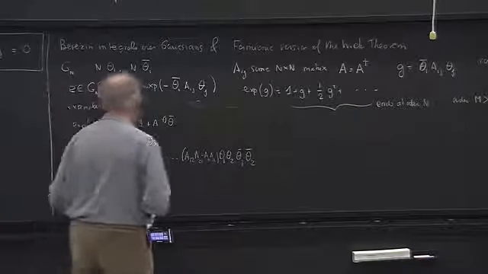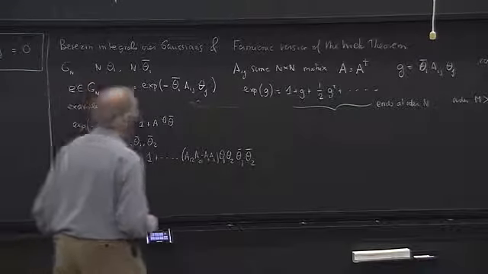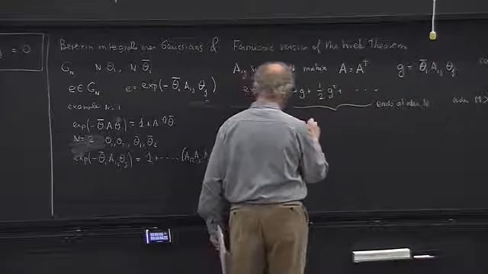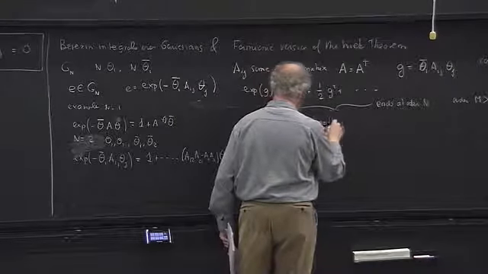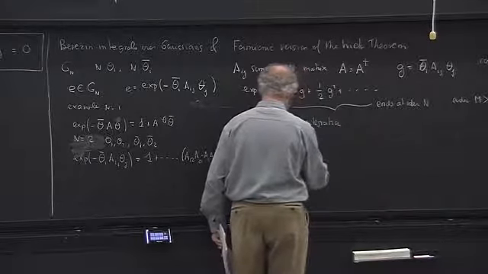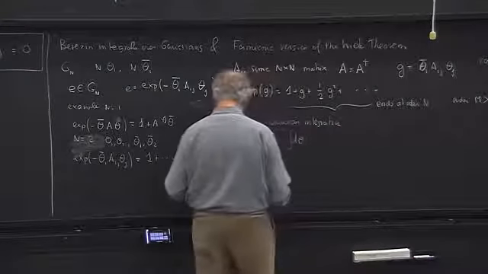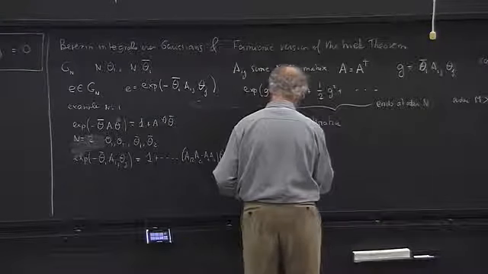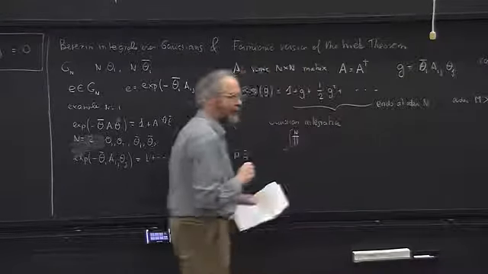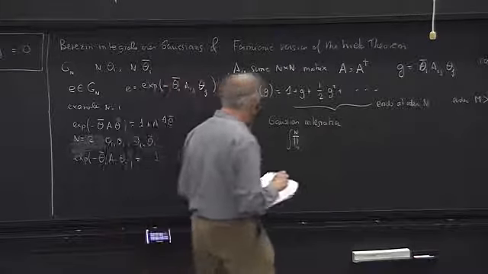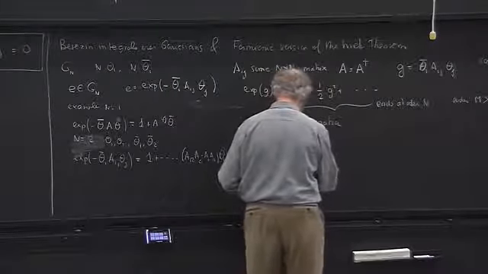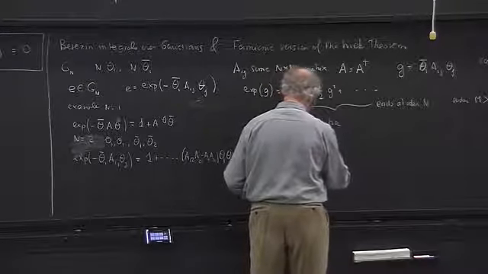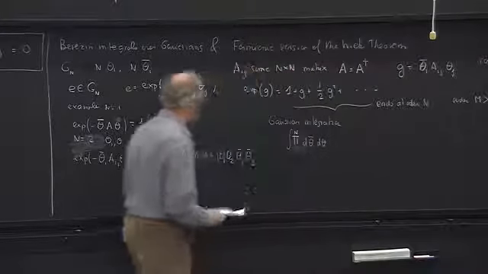And then, when you perform a Gaussian integration, I take the product of the integrals d theta bar i, d theta i, from i equal 1 to n.